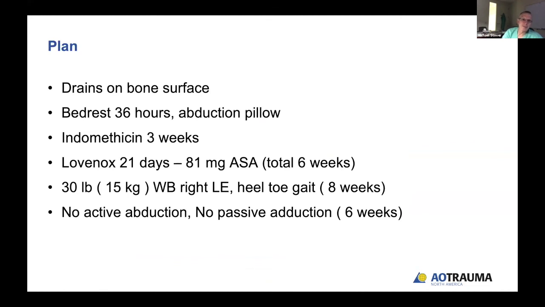Use indomethacin for 3 weeks for heterotopic ossification prophylaxis, Lovenox for 3 weeks, transitioning to aspirin. 30-pound weight bearing, or 15-kilo, heel-toe gait for at least 8 weeks, but with the big fragments, probably 8 weeks is sufficient. And no active abduction, no passive adduction due to the trochanteric osteotomy for the mobilization of the gluteus medius.